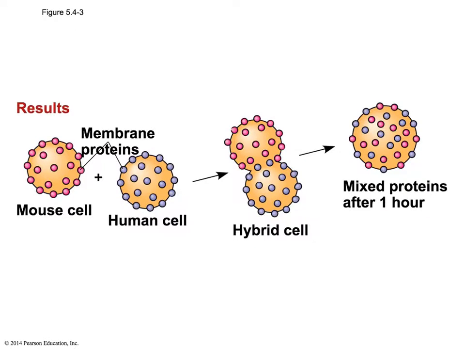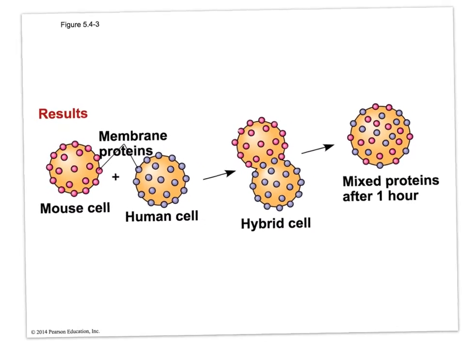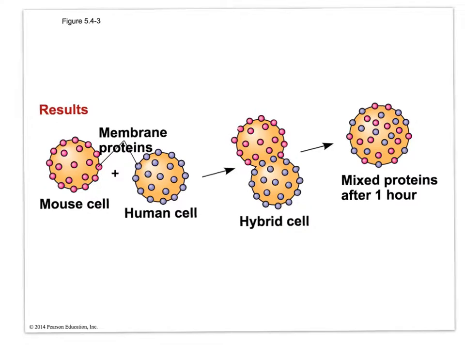Okay? So here's an example. Membrane proteins. In culture in the lab, you can take a mouse cell that has labeled membrane proteins that are fluorescent red, and take a human cell with membrane proteins that fluoresce in green.